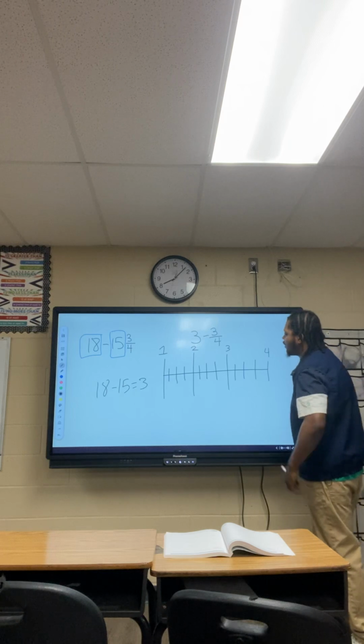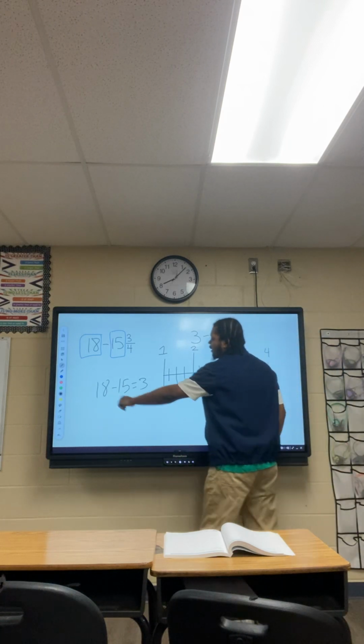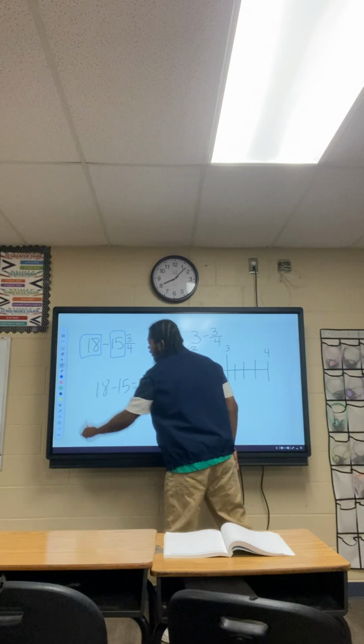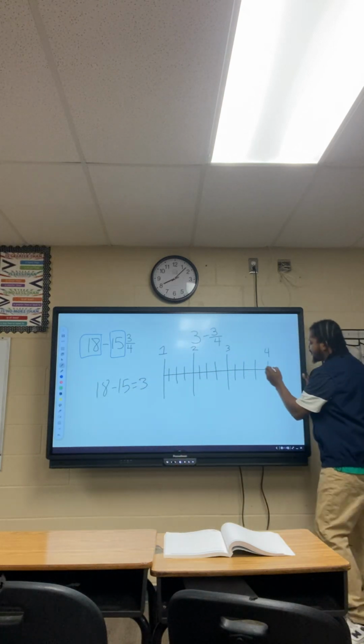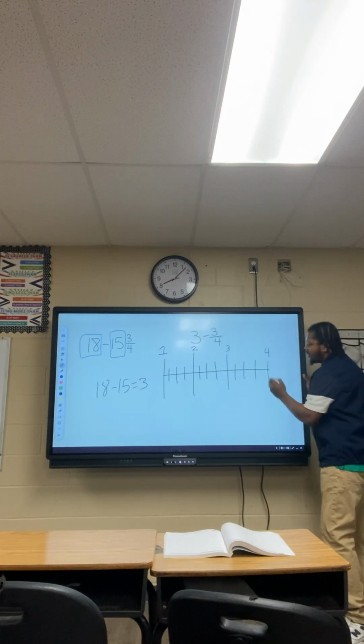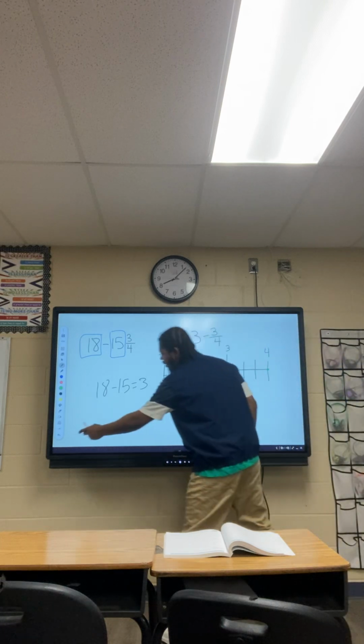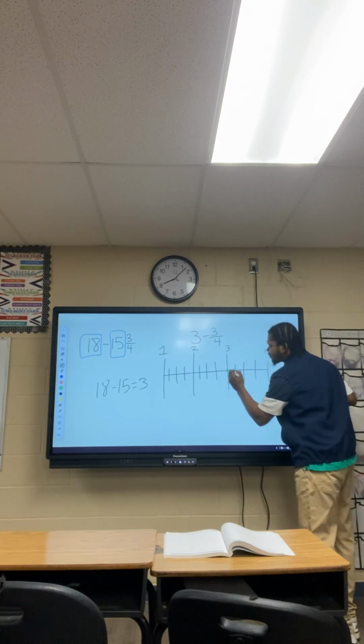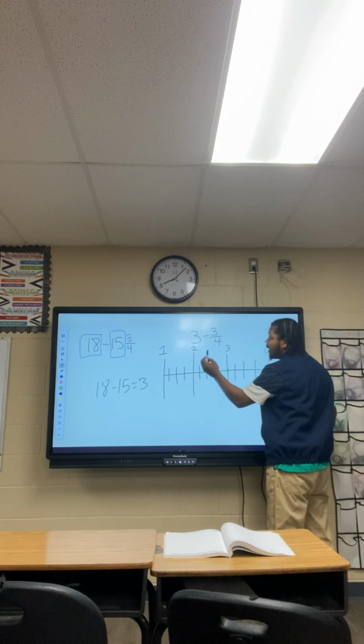We subtracted 18 minus 15, and we were left with 3. So we're going to start at our number line at 3. Oh, I'm sorry, I put it at 4. We're going to start our number line at 3, and we want to take away 3/4.